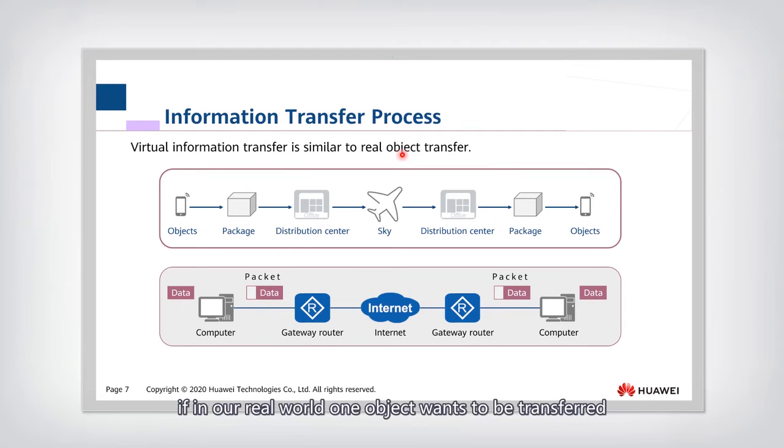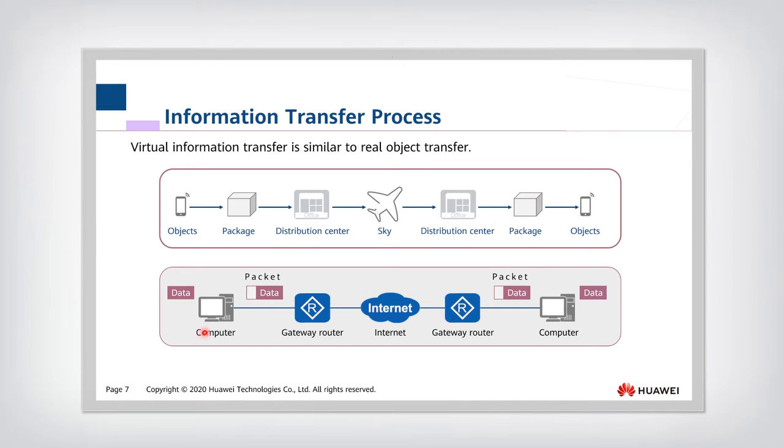In our real world, if an object is to be transferred to another place, it typically is packaged and delivered to a distribution center, then put into an airplane to be delivered to another distribution center, and then depackaged. That's all, right? Similar to this process, the information transfer in data communication networks is also like that.